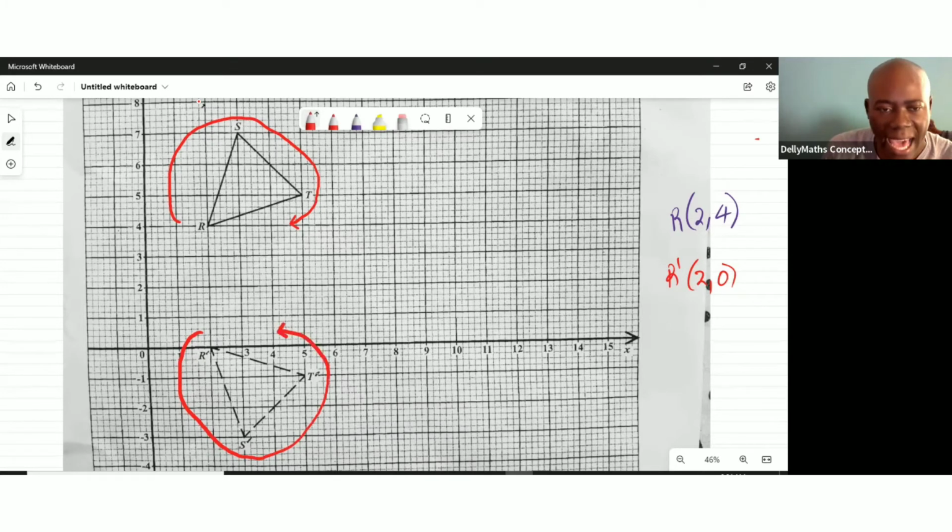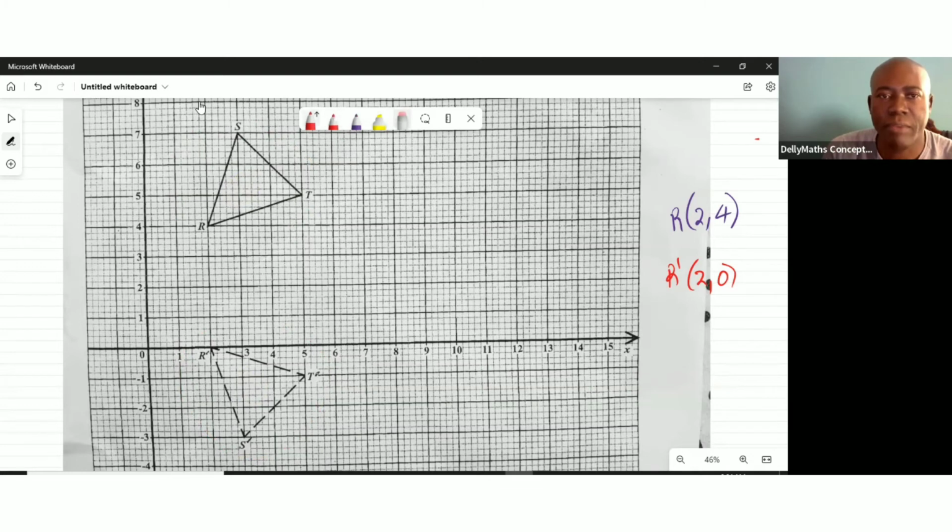So it's going in an anti-clockwise direction. The object up here is going in a clockwise direction, while the image is going in an anti-clockwise direction. So we are suggesting that the reflection does that. It's laterally inverted. So then it is a reflection. Now, the mirror line.